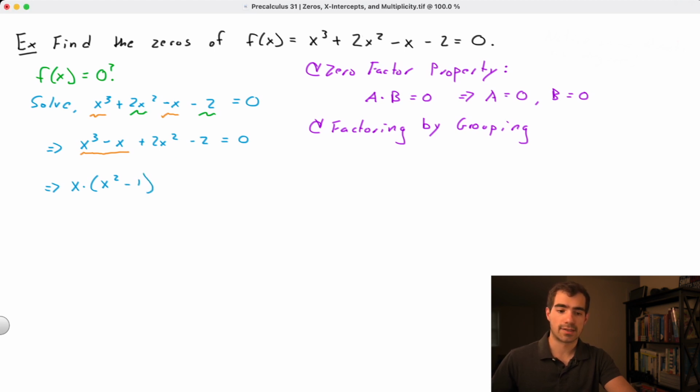Similarly, looking at our second group here, we know that these both share a common factor of 2, and so we'll factor out that 2, leaving also an x squared minus 1.